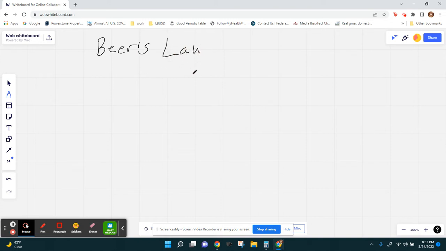Beer's law relates the absorbance, using a spectrophotometer, to the concentration. And the equation is pretty easy. It's A, absorbance in a spectrophotometer, is going to be equal to some constant we'll call K times the concentration C. Okay, and so if we want to figure out what the concentration of a solution is, you take its absorbance, divide by K, and that'll give you the concentration.